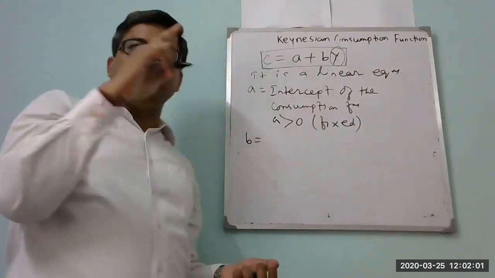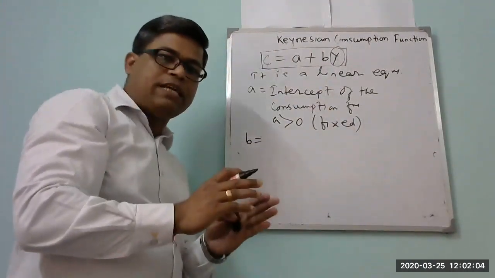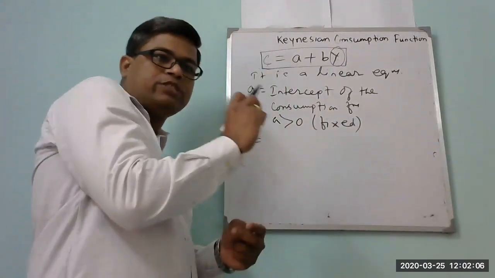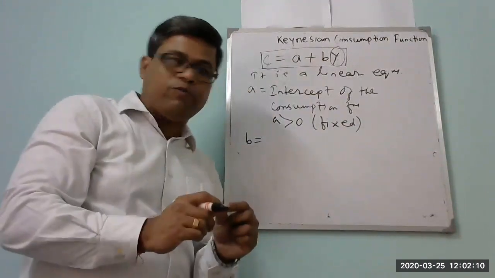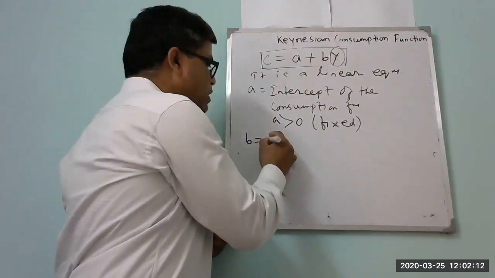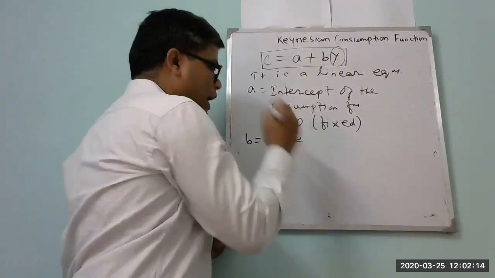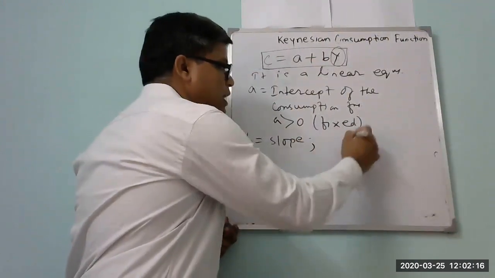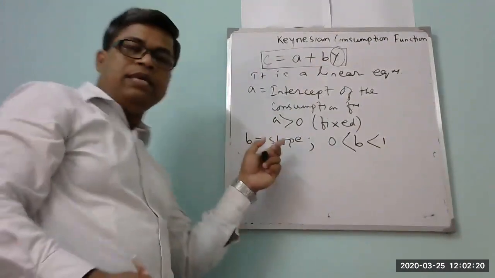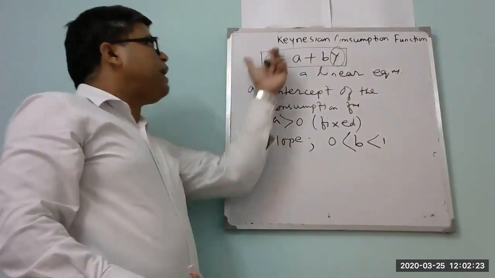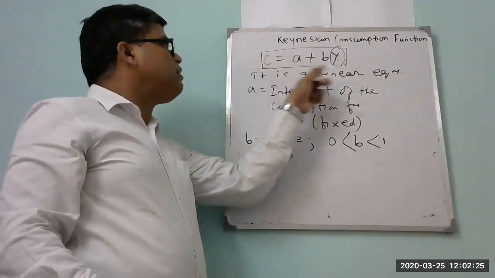If we compare with the general equation of a straight line, y equal to c plus mx, m was the slope or gradient. So here our B is the slope of the consumption function, and as we have seen, the B value is more than 0 but less than 1. That means the Keynesian consumption function is a linear equation.